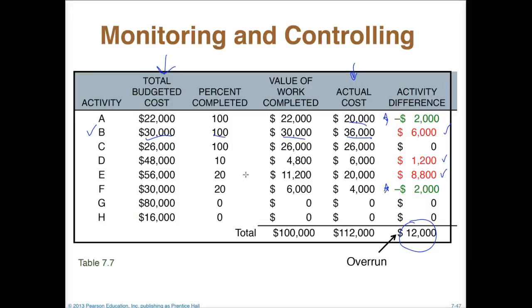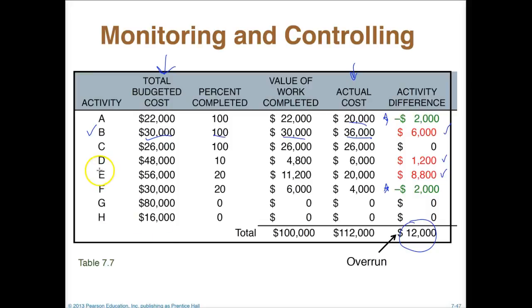And so what we'll talk about in a second is project crashing, where we look at what we have left, see if we can compress that time and possibly move some extra resources or acquire some more resources to get those activities done faster and in a more cost-effective way. Even though it may cost us more up front, it may cost us less in the long run.